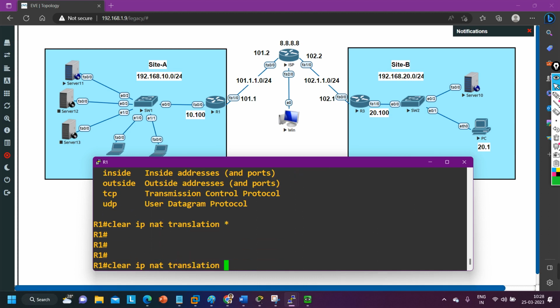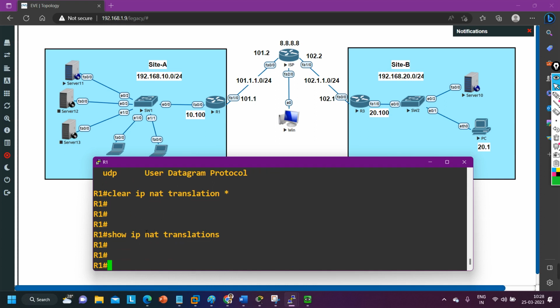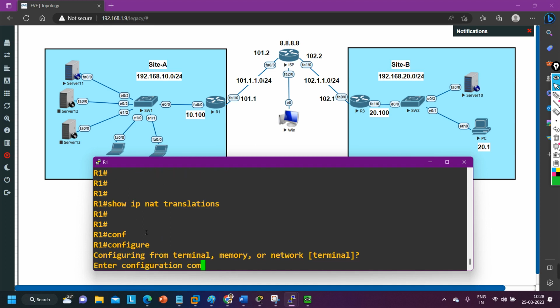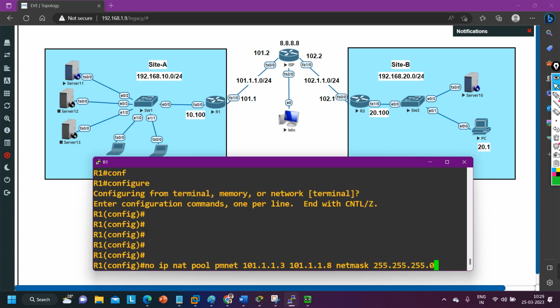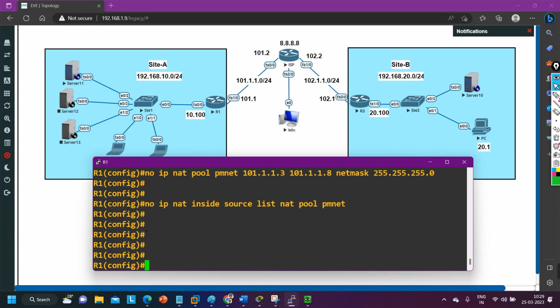Yes. Show ip nat translation. Now you can see there is no entry, so NAT is not in use. Now can I remove dynamic NAT? Yes. Now I am able to remove both entries.